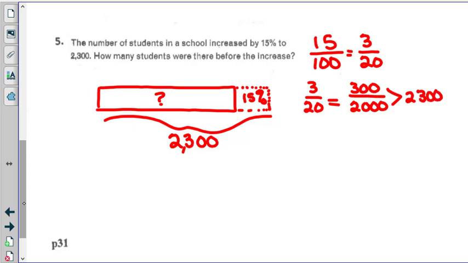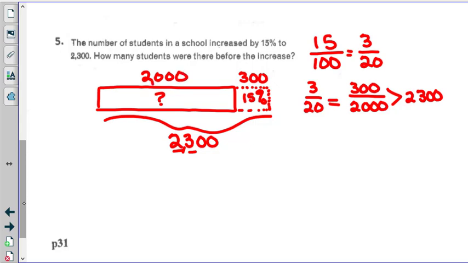Ooh, that's one way I could do it. 15% is 3/20ths, and I saw that 3 and 20 were right here, right? 23. So the 15% added on was 300, and the original amount was 2,000. That's one way to do it.